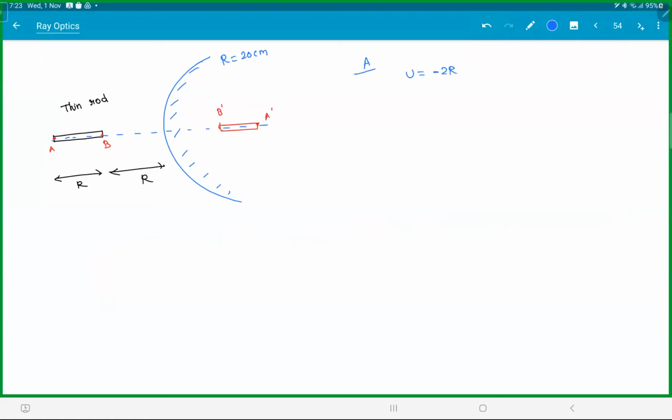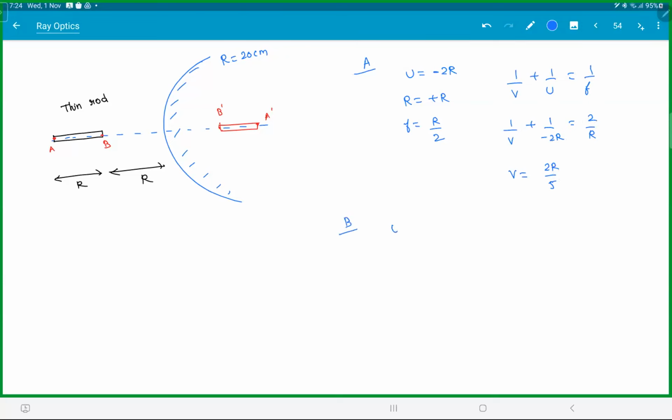Minus 2r. What is the radius of curvature? Radius is plus r only. Focal length is r by 2. I'll keep everything in r. Later on, I'll substitute. So 1 by v plus 1 by u is 1 by f. We'll stop writing this formula next. 1 by v plus 1 by minus 2r is equal to 2 by r. So v will be 2r by 5.